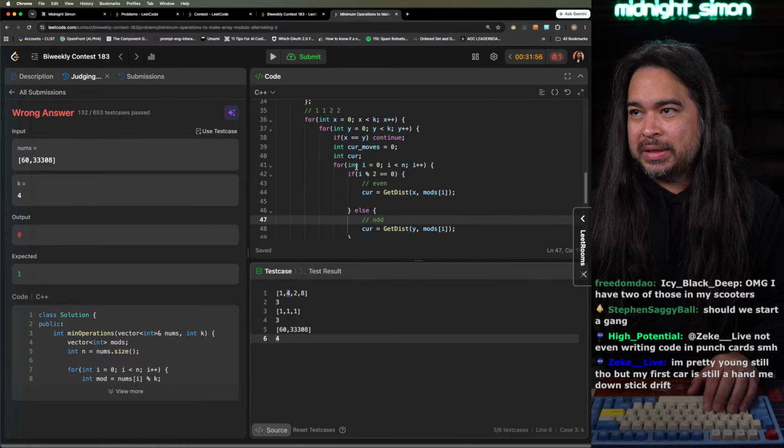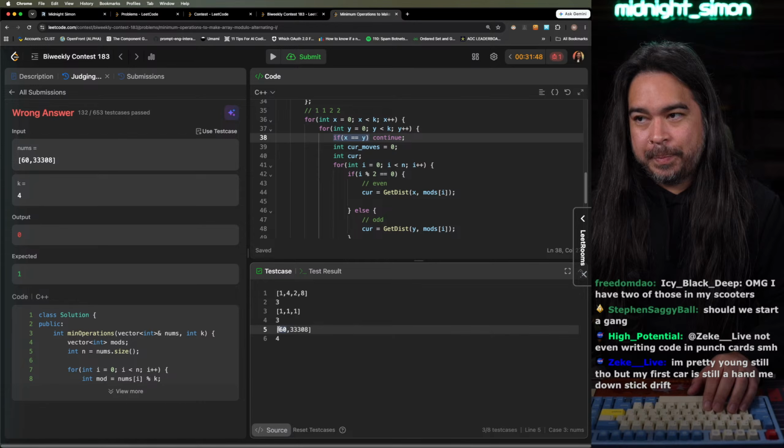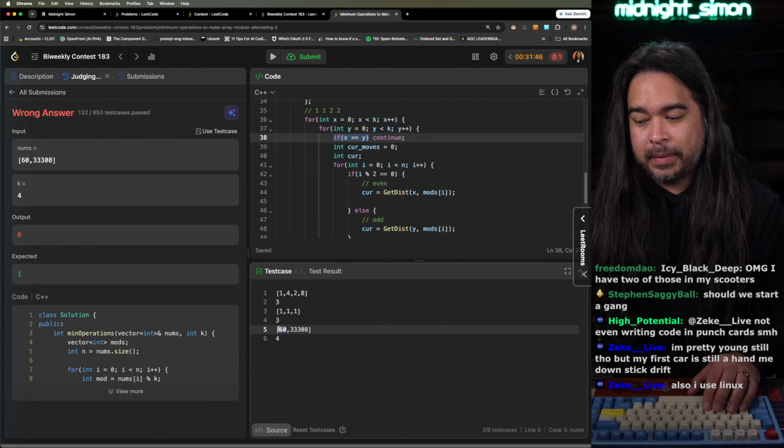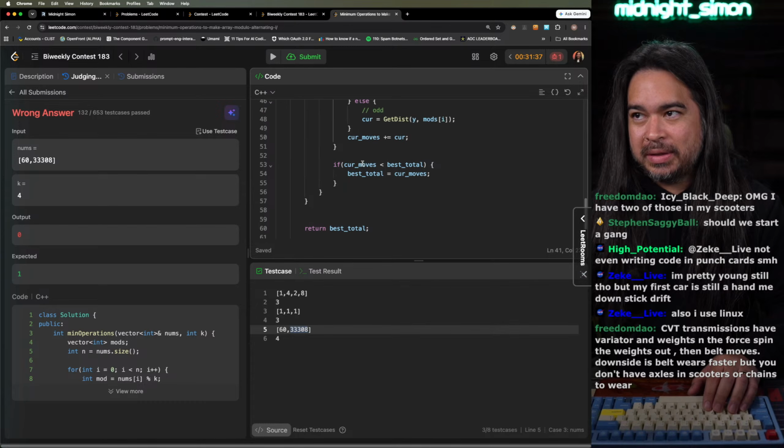So how come I'm guessing 1? Is it because I divide by 4? It's perfect. And then this one, I don't know. Should I just send it and see what happens here?